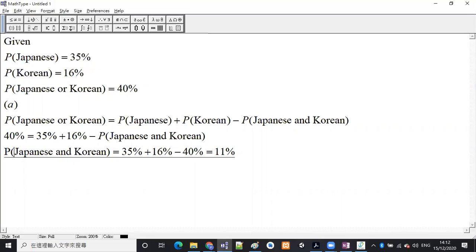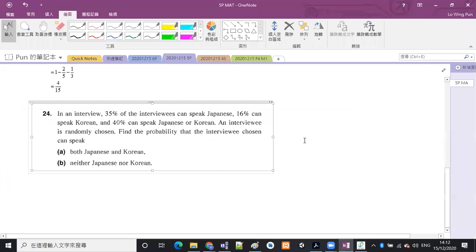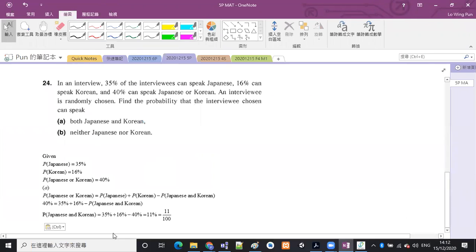Or so normally, if you are answering the probability, it is better to change it to fraction. Okay? So it should be 11 over 100. 得唔得？如果答 probability 嘅答案嘅話，最好係用翻份數嚟做答案嘅。Okay?